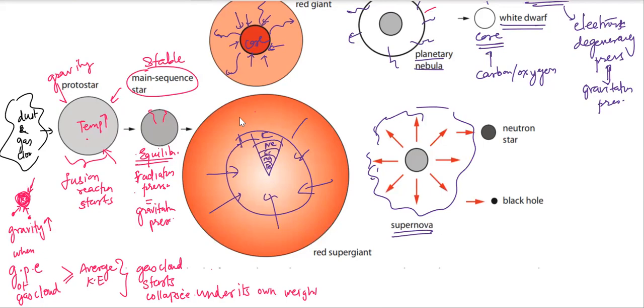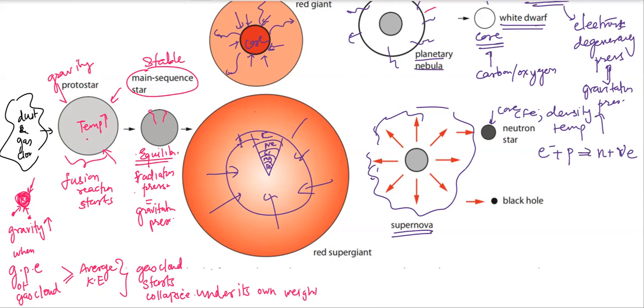Okay, and what remains is the core. That core is mostly an iron core. Okay, but since the density is high enough and the temperatures are high enough, all the electrons start fusing with the protons, giving us only neutrons and neutrinos.